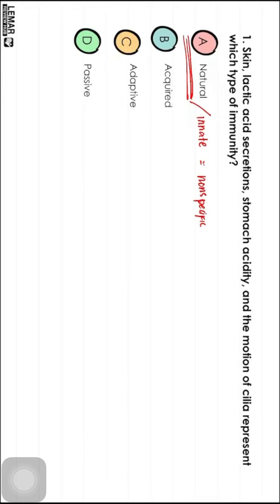So we have two types of immunity. First, we have innate immunity, or we call as natural or non-specific. So again, sabi nga natin, it is the ability of an individual to resist infection by means of normally present body function. So these are the examples.